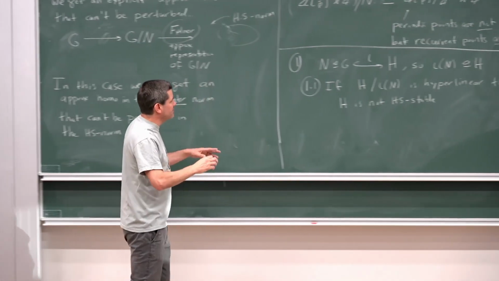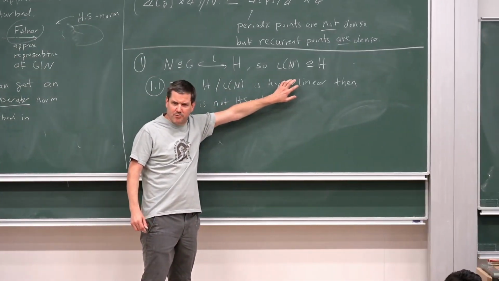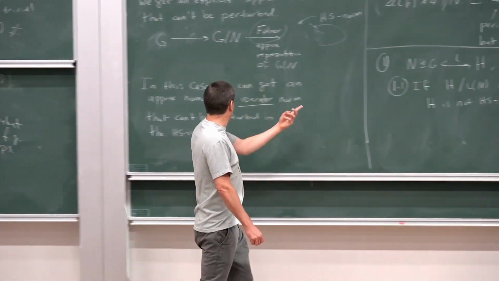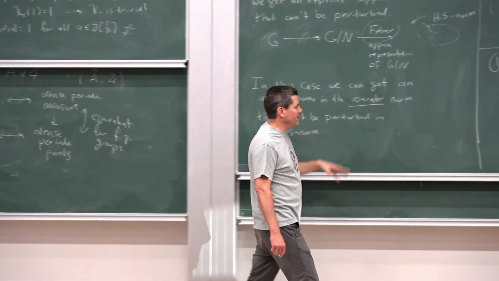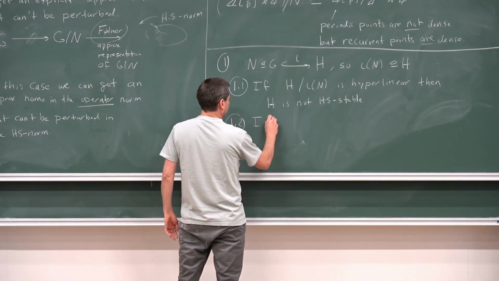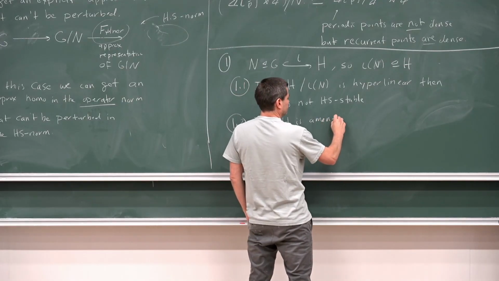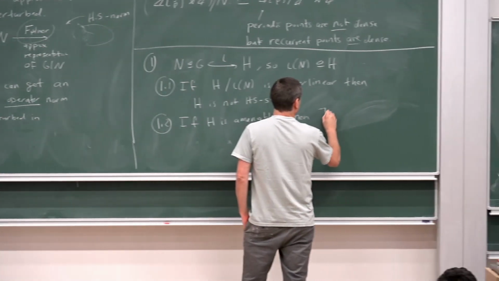You can use the exact same representation, but instead of these explicit ones, you use the approximate representations that come from hyperlinearity. But you can't do this stuff if it's just hyperlinear. But if it's amenable, 1.2, if H mod iota of N is amenable, then you can do the same thing.